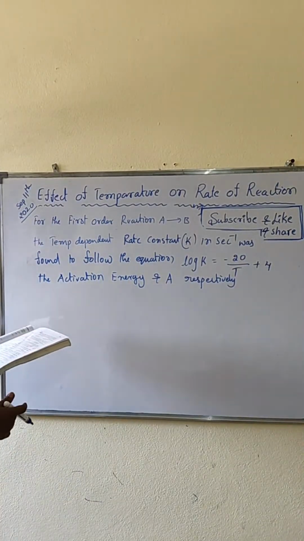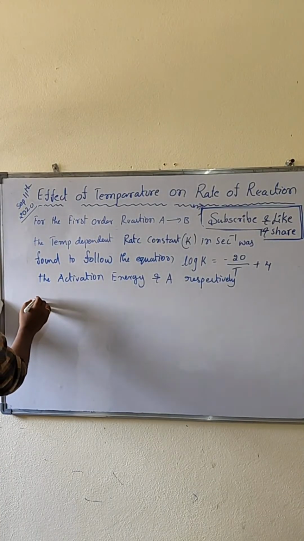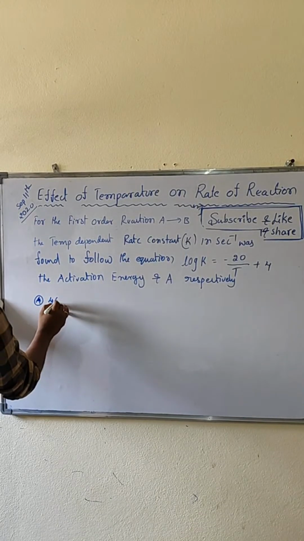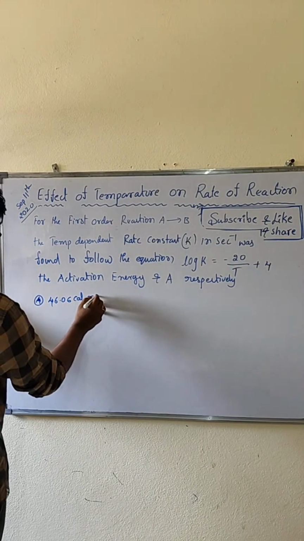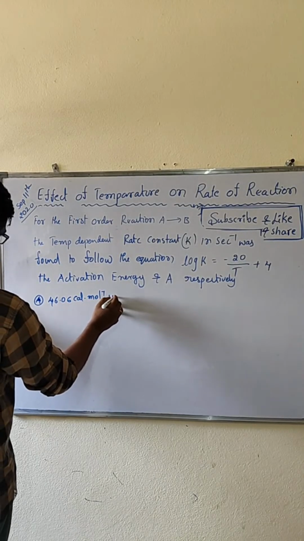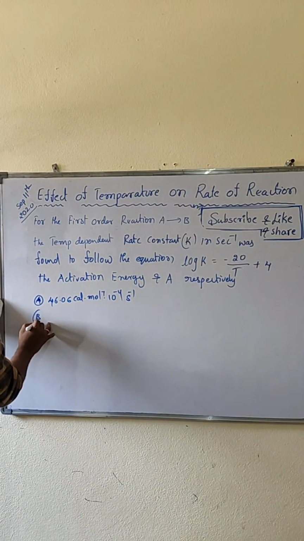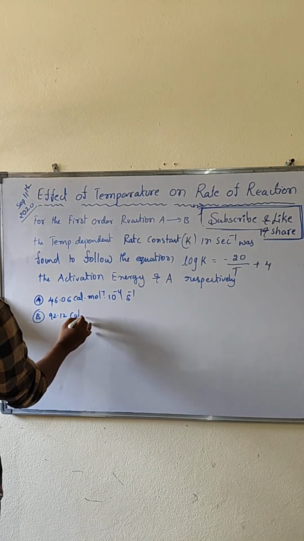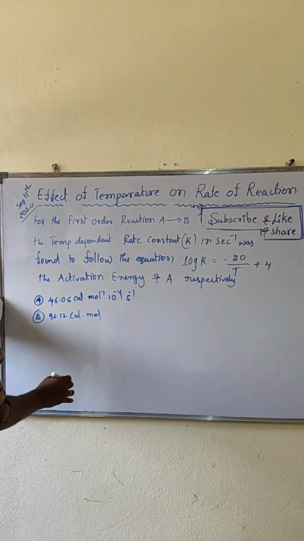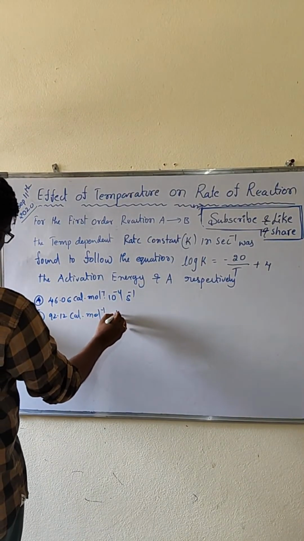So the options are mentioned. Option A, 46.06 calories mole inverse, then 10 to the power of minus 4 second inverse. Then option B, 92.12 calories mole inverse, then 10 to the power of 4 second inverse.